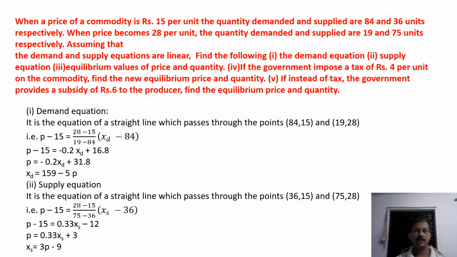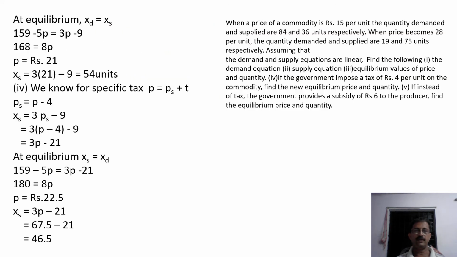So equating this and this, we get P equal to rupees 21. This is the equilibrium price, and substituting P equal to 21 in the supply equation, we get equilibrium quantity equal to 54 units.